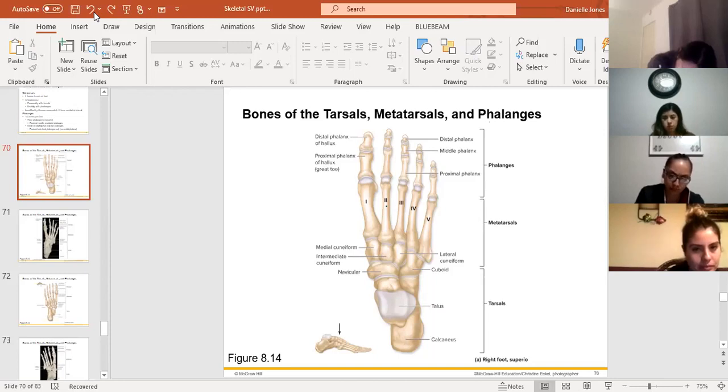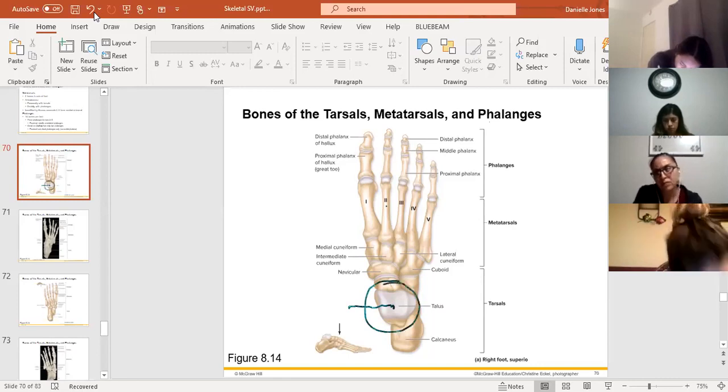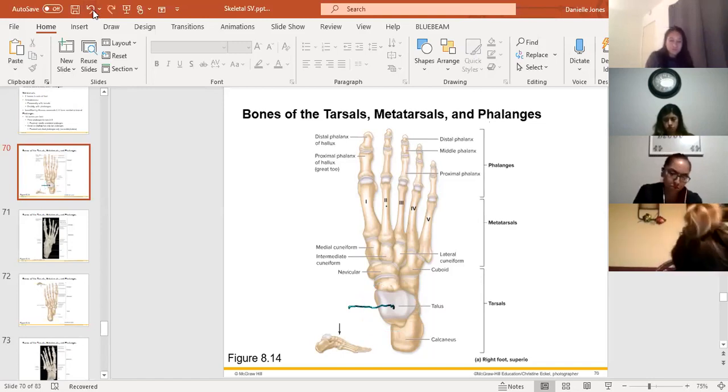And I like to remember this as the 2 T's. The talus is the tarsal bone and the tibia goes there. So this is the talus bone right here, because the talus and the tibia articulate together. The talus and the tibia. What about the fibula? It doesn't land. It just kind of floats there, to be honest.